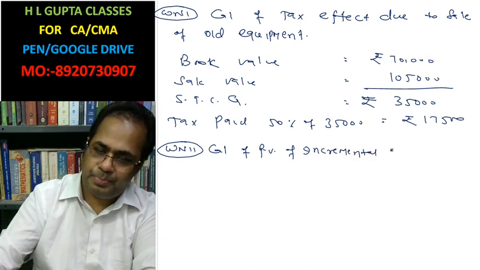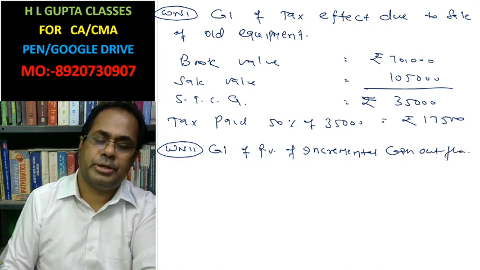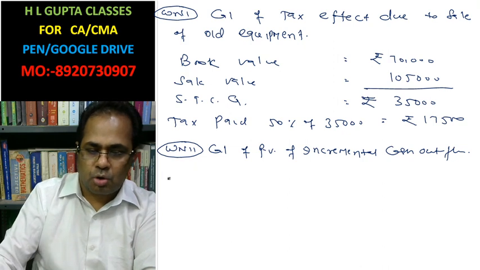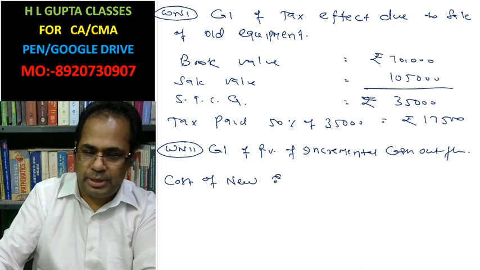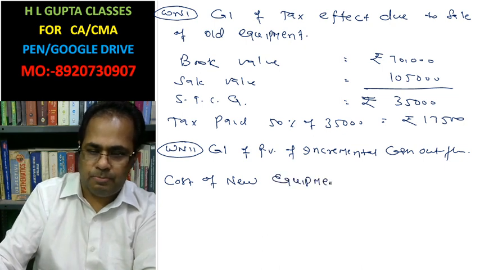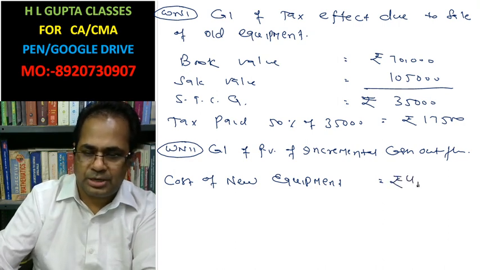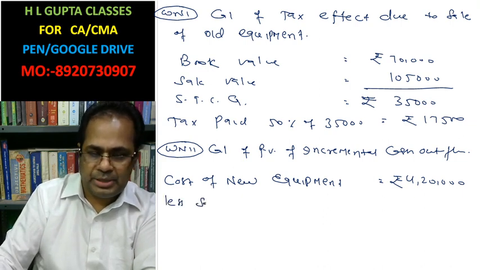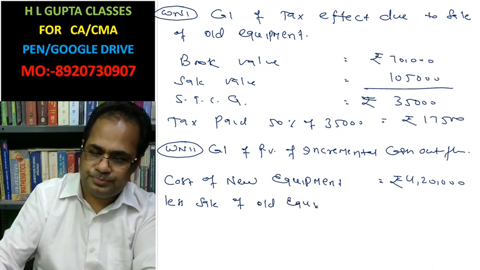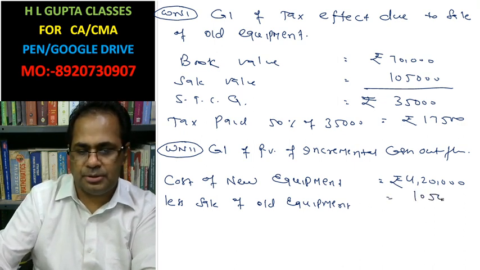Cost of new equipment rupees 4,20,000, less sale of old equipment rupees 1,05,000.